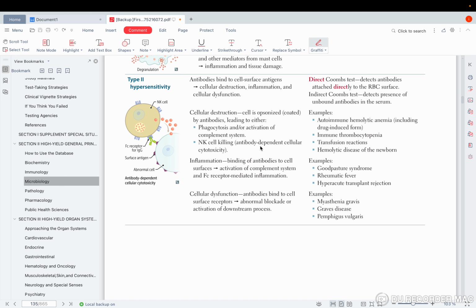Type 2. We spoke about Goodpasture syndrome. Can you tell me the antibodies are against what? Yep, the basement membrane of the kidneys and the lung. Awesome. Well, now it gets serious.